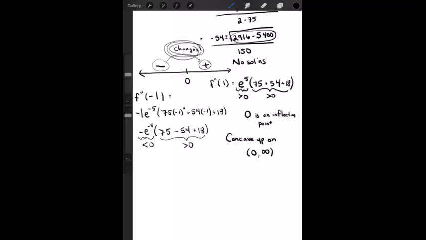Yep, just making sure I'm remembering the rule right. And it's concave down on this portion of it, so negative infinity to 0. One thing, I believe that's the homework problem.